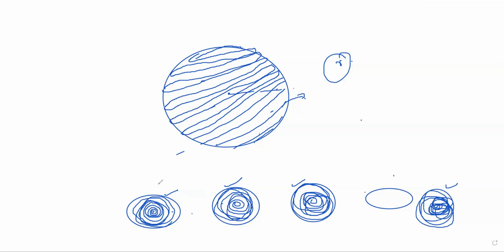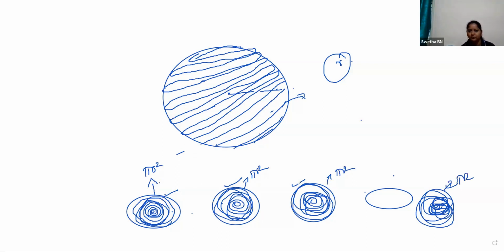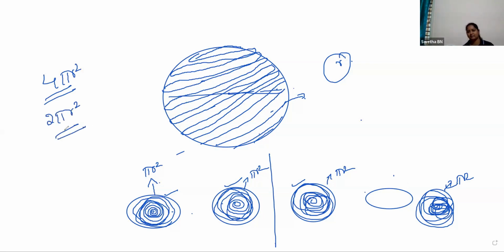Yes, ma'am. So what is the area of a circle? You know, it is pi r square. It is also pi r square, and it is pi r square. It is also pi r square. So it becomes 4 pi r square. So area of sphere is 4 pi r square, and half of that, half means we get only 2 circles, right? So it is 2 pi r square like this.